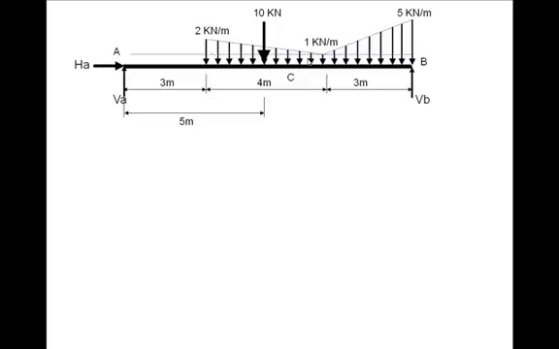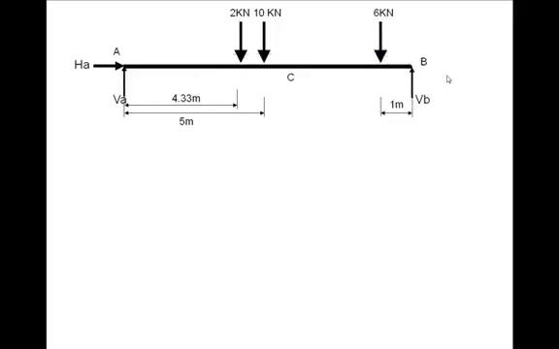So it is 1 into 4 by 2, and here it is 4 into 3 by 2. Accordingly, we have put the loads 2 and 6 here, and the distances are at the centroids of those respective triangles.